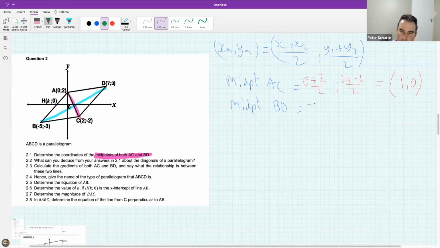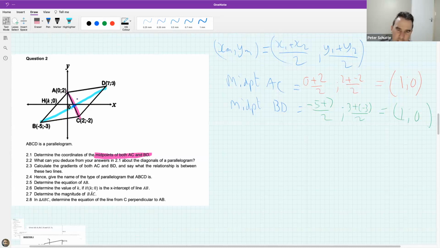So, and then 3. We get 2/2, which is 1, and for this one we get 0. So this is interesting because we have a common midpoint. The two diagonals have a midpoint that is the same.